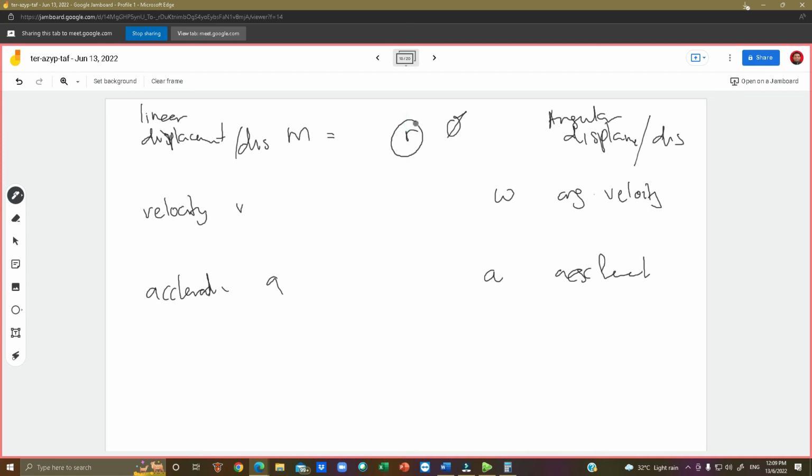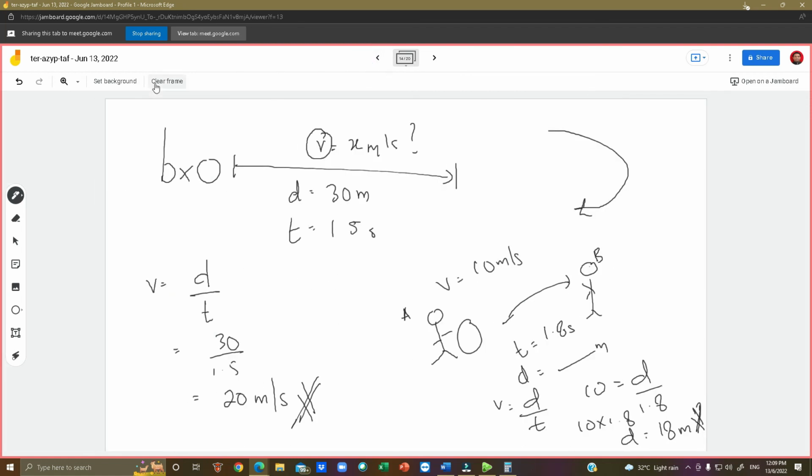Kita kena include r. Velocity always equals to r omega. And acceleration equals to r alpha. This r is the radius of rotation. Yang lain semua sama. Okay. Example. Kita ambil satu example kat sini.